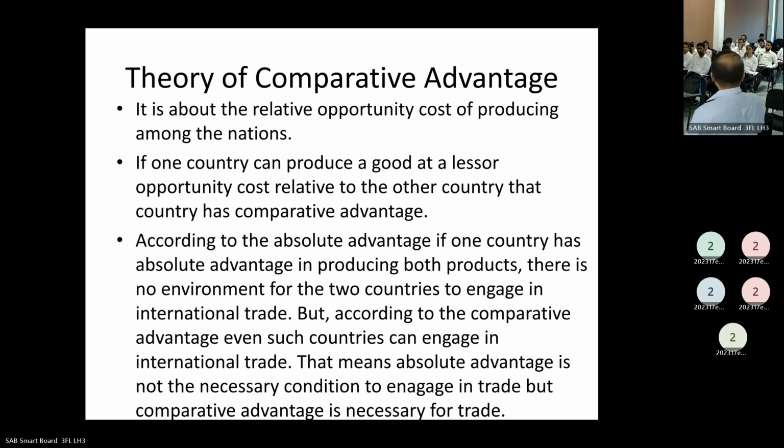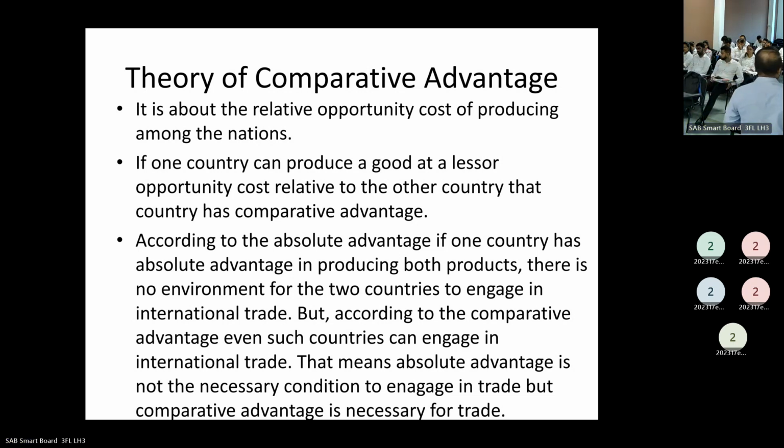But comparative advantage theory says that even though a nation has absolute advantage in producing both products, the countries can also engage in international trade based on the comparative advantage. That is the situation. So that means the absolute advantage is not a necessary condition for international trade.